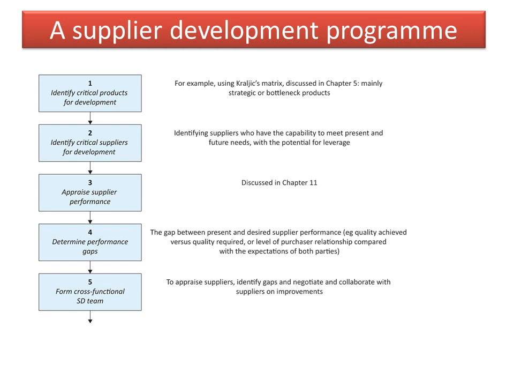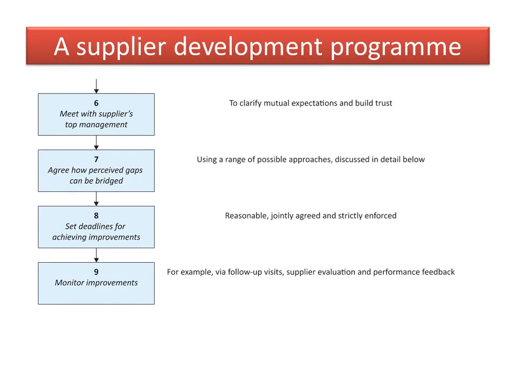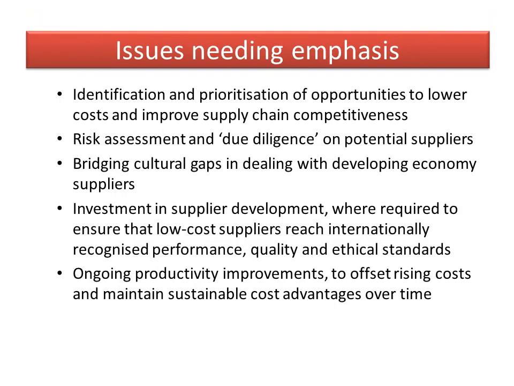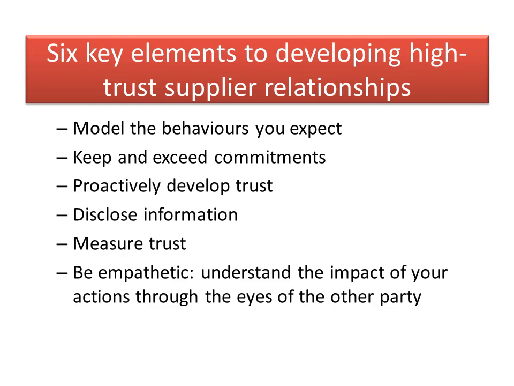of supplier development, and it goes through to 9 steps of how you would put a program in. But there are costs and supply issues needing emphasis, prioritisation, risk assessment, cultural gaps, how to develop trust.